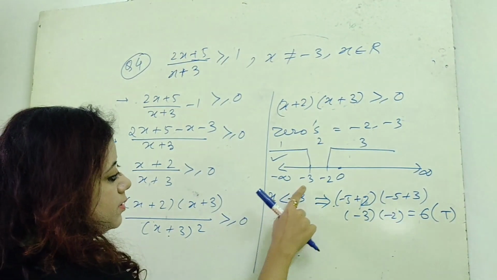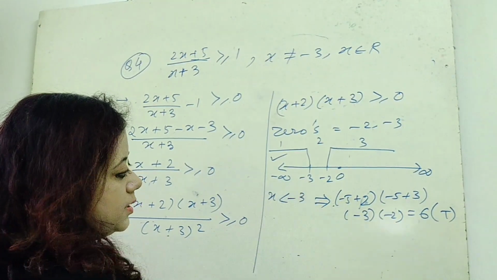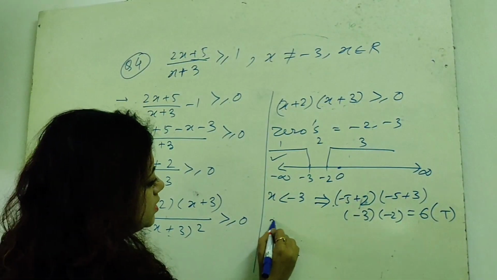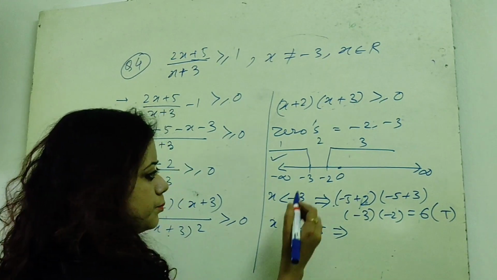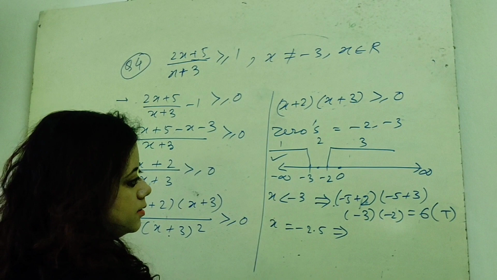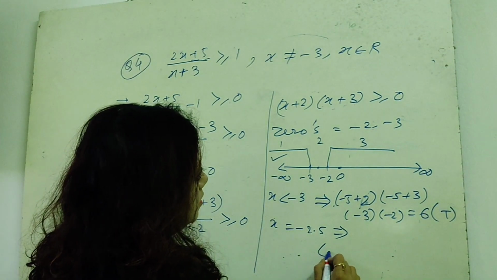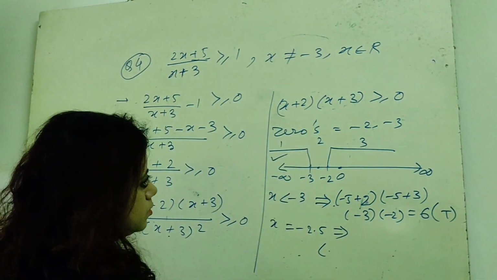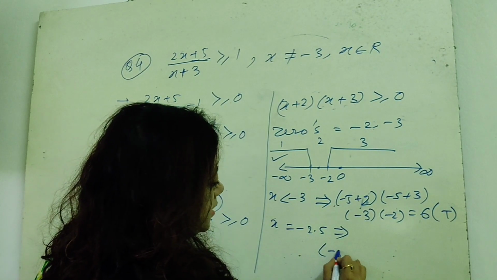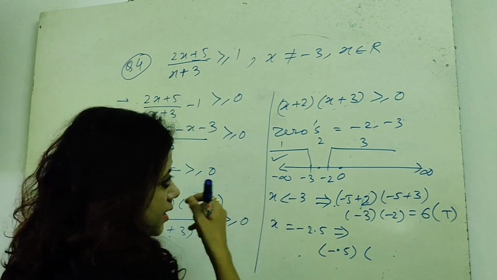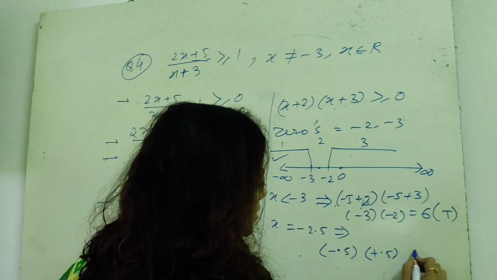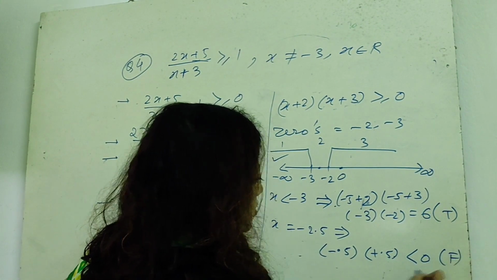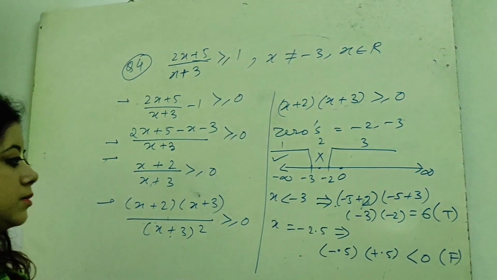Now if I check the values from minus 3 to minus 2, suppose x equals minus 2.5. Minus 2.5 plus 2 is minus 0.5, minus 2.5 plus 3 is plus 0.5. The product is less than 0. It is false, so it is a cross.